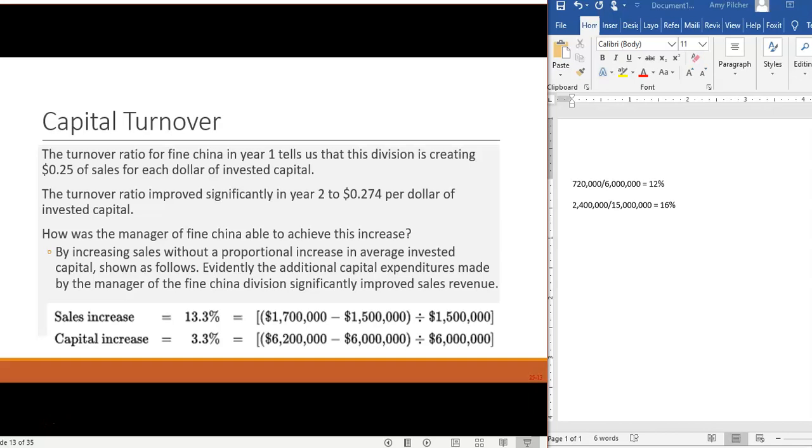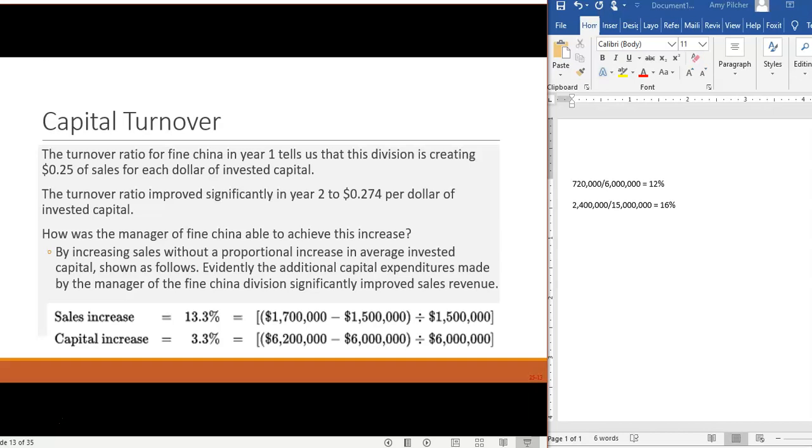So we have the China division has improved their capital turnover from year one to year two. They increased sales without a proportional increase in average invested capital. That means that they used their current capital expenditures to significantly improve sales revenue.